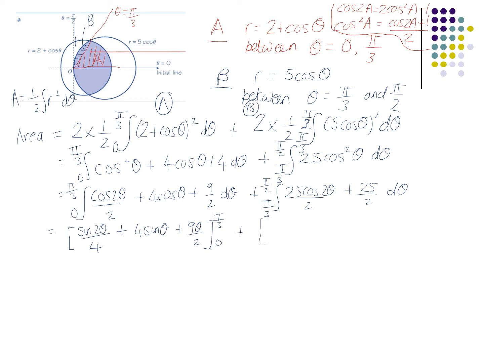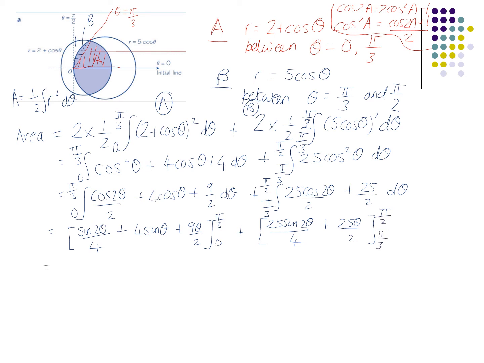Do write carefully with things like this. It's very easy to transpose a limit wrong or to write the wrong number down. So your working needs to be really nice and clear. Cos 2 theta integrates to sine 2 theta, and remember we get the extra divide by 2. And my 25 over 2 becomes 25 theta over 2 between pi by 2 and pi by 3.